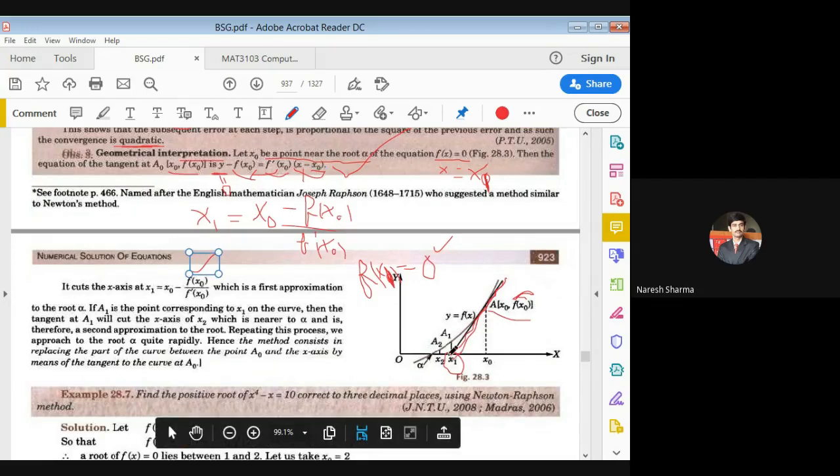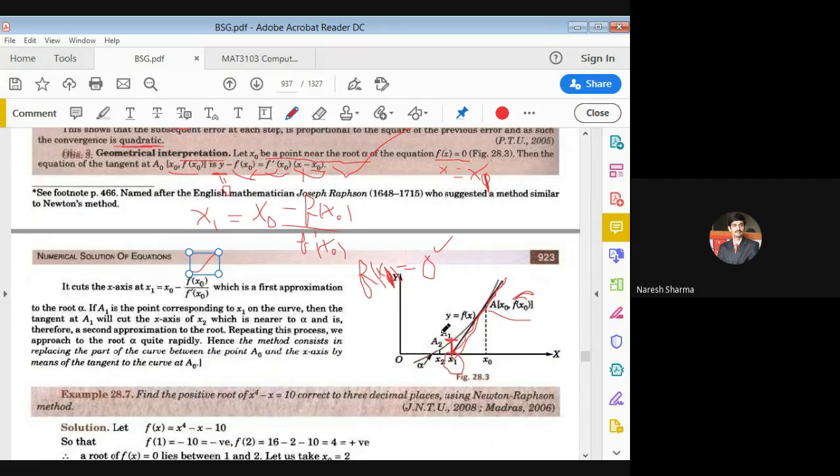After that, we join this line from x1 to point A1, and the coordinates of A1 are x1 and y1, or you can say f(x1).